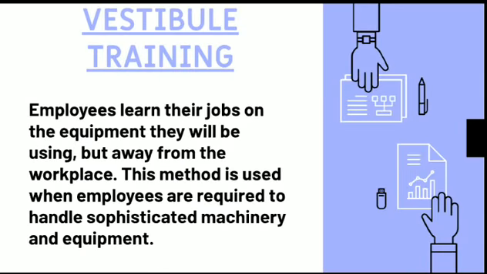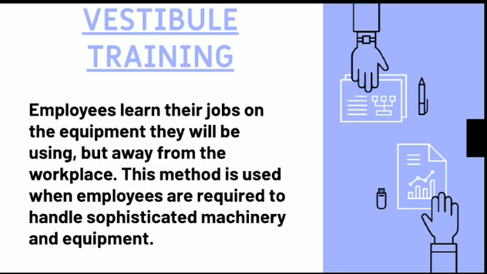Next one is vestibule training. Here employees learn their jobs on the equipment they will be using, but away from the workplace. This method is used when employees are required to handle sophisticated machinery and equipment.